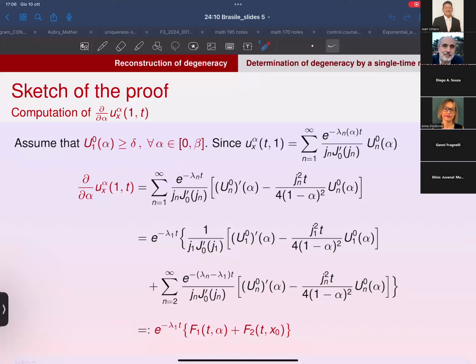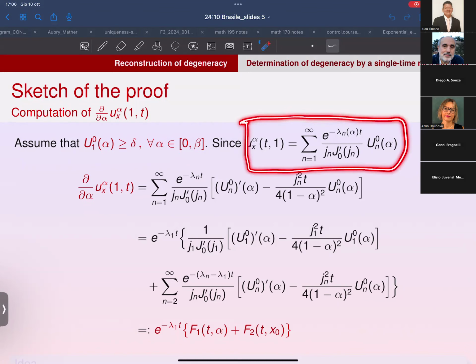The proof is not hard, in fact, but again, that can be said about almost everything. So our assumption is that the absolute value is greater than delta. Suppose the function is positive. It can be either positive or negative. And so this is the expression of the normal derivative.